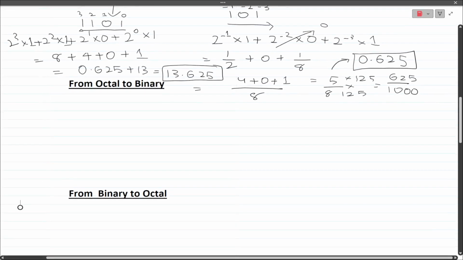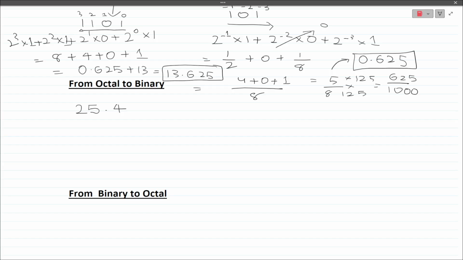Now let me talk about octal. So octal, let me take 25 point 4. Okay, so this is my octal. I will be converting it to binary. So as usual, for the non-decimal part, what were we doing? We were expressing each digit in 3-digit binary form.